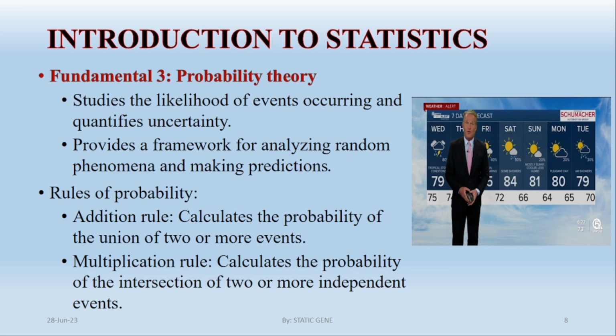But in the multiplication rule of probability, that is when we are trying to get the probability of the intersection of two or more independent events. So let's say we have two people, Mary and Jane. They are expected to attend the same party, but they don't know each other. They're living in different places. They don't even have each other's contact. So each of them is undergoing their own preparations and trying to go to the party.